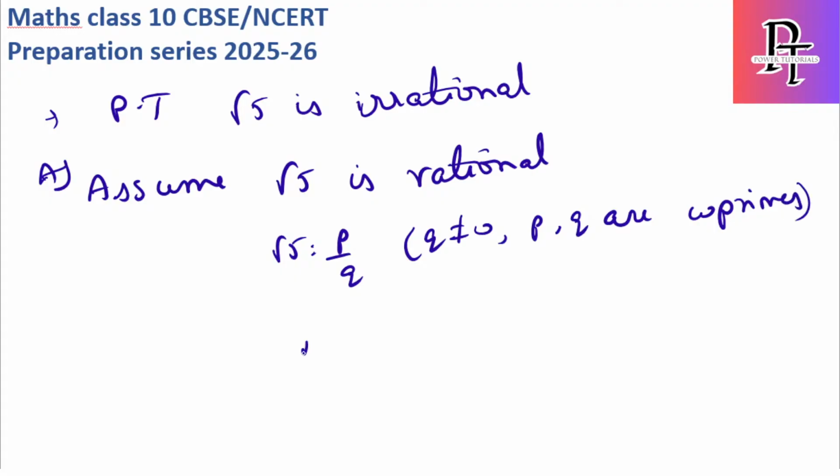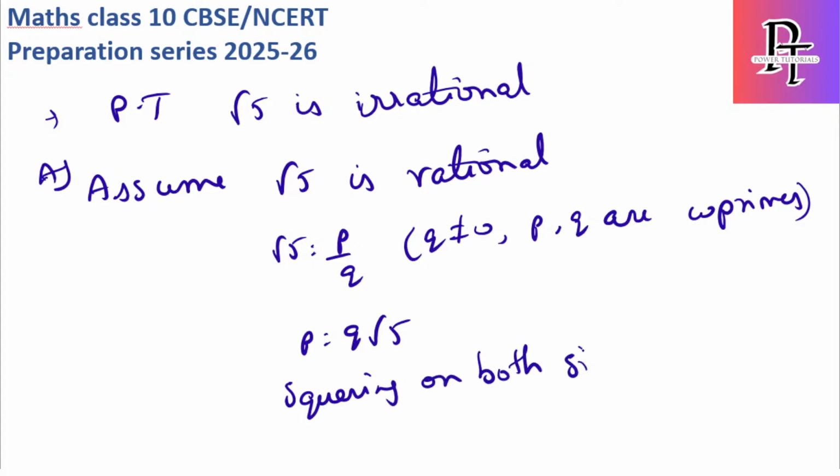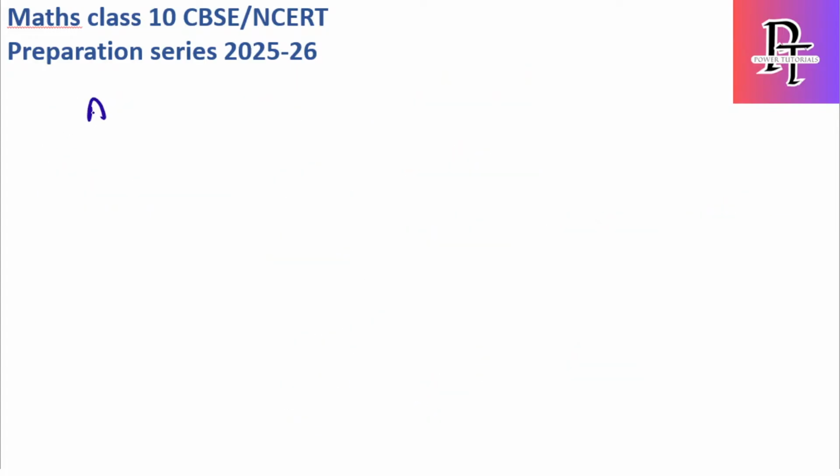So then p will become q into root 5; squaring on both sides, this becomes p square is equal to 5q square. Now I can see that p square has a factor of 5, then p is also a factor of 5. You have to write that statement.